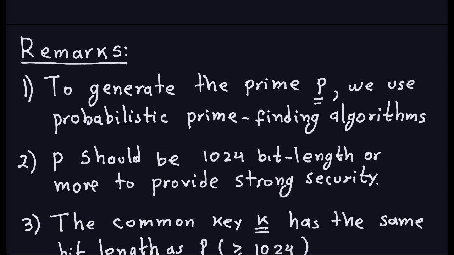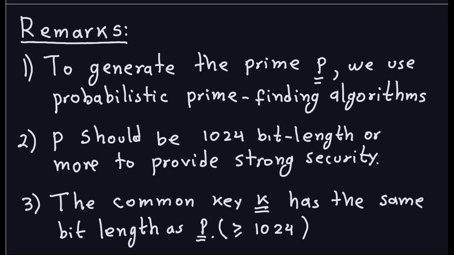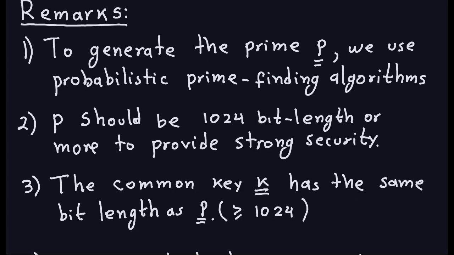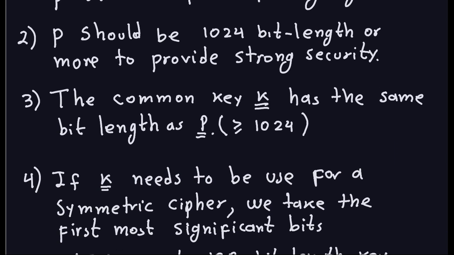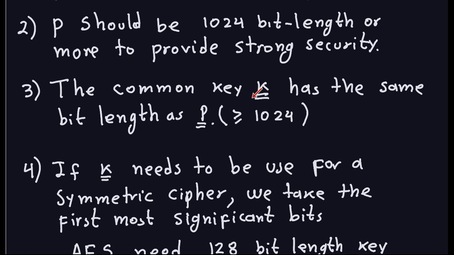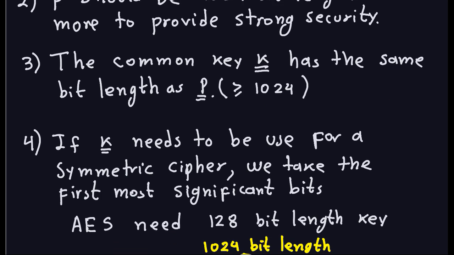The numbers that we saw in the beginning of this video are really bad. The private key can be easily computed in a matter of seconds. Now the common key here will have the same bit length as P, so at least 1024 by today's standards. So it will be a large number.